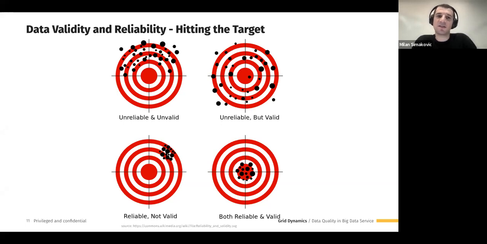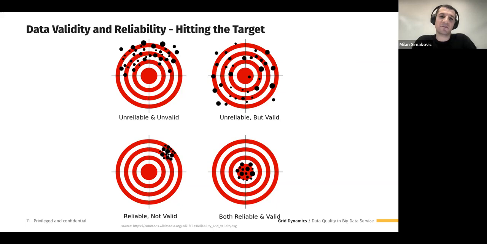So such a data set is both unreliable and invalid. On the upper right corner, we also have a very high spread of the data, but some of them are hitting the target. Since it's wide, it's unreliable, but somehow it is valid because we sometimes hit the center of the target.